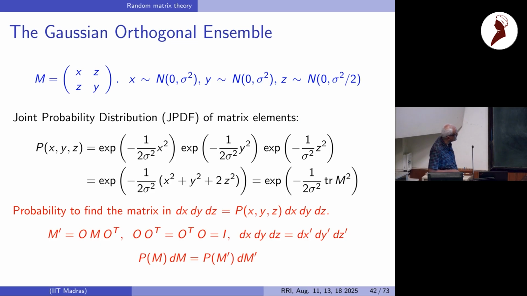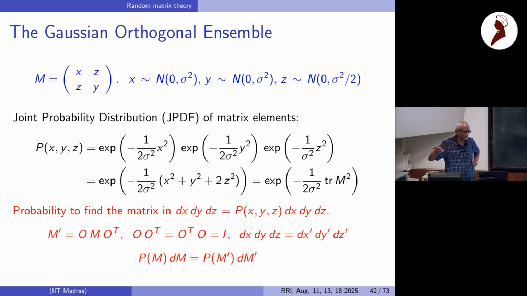Why should we have trace M squared at all? It is because when we write a matrix and take some random numbers here, one of the desirable characteristics, whatever you derive from this as a random matrix, should be independence of the basis in which you are expressing that matrix.